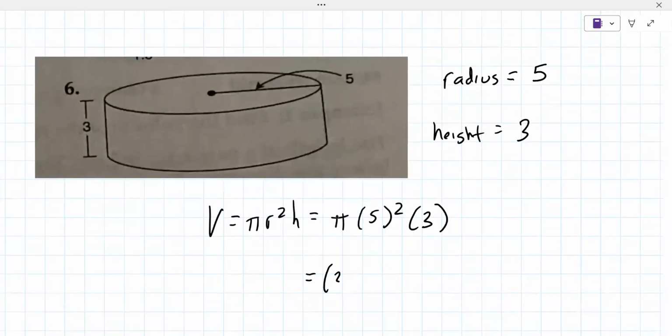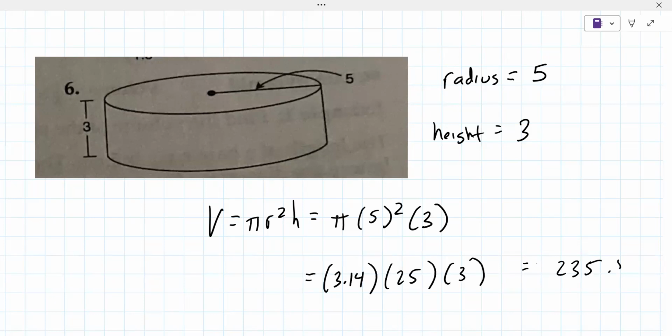So that's 3.14 times 25 times 3. 235.5. Yeah, that sounds good.